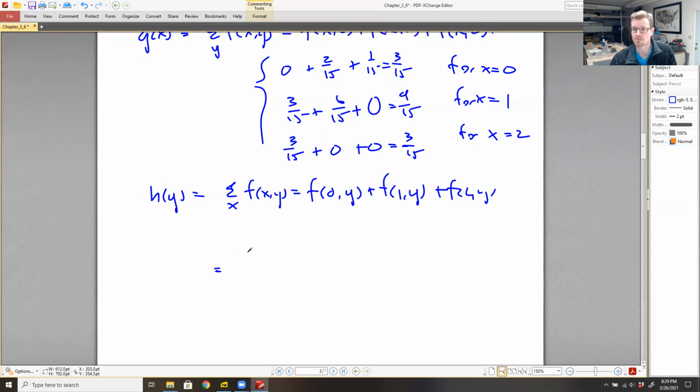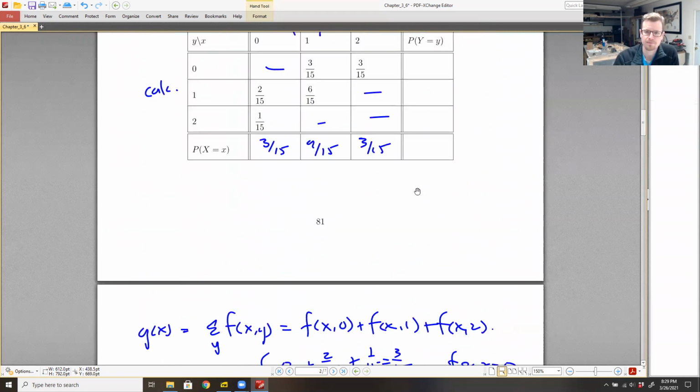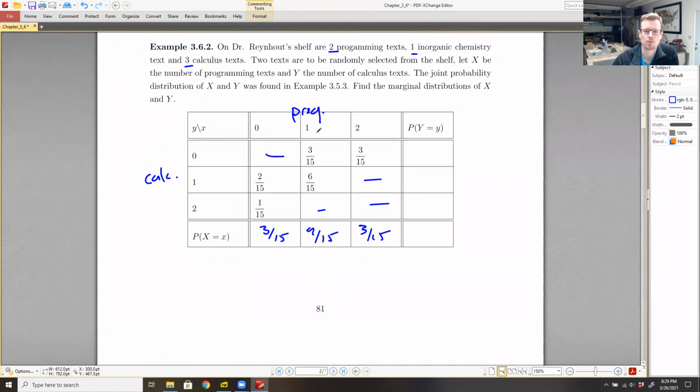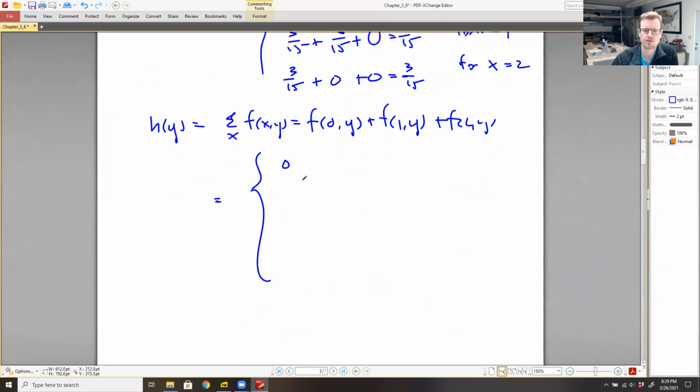There are 3 possible values for y, so we simply give it as a piecewise defined function. So 0, 0 is again 0. f of 1, 0 is 3/15. f of 2, 0 is 3/15. So 0 plus 3/15 plus 3/15 is equal to 6/15. And that's for y equal to 0.